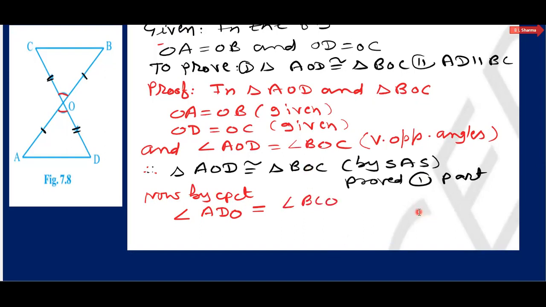The meaning of CPCT is corresponding parts of congruent triangles are equal. CPCT अप्लाई करने के लिए पहले हमें दो ट्राइंगल्स को congruent प्रूव करना जरूरी होता है.